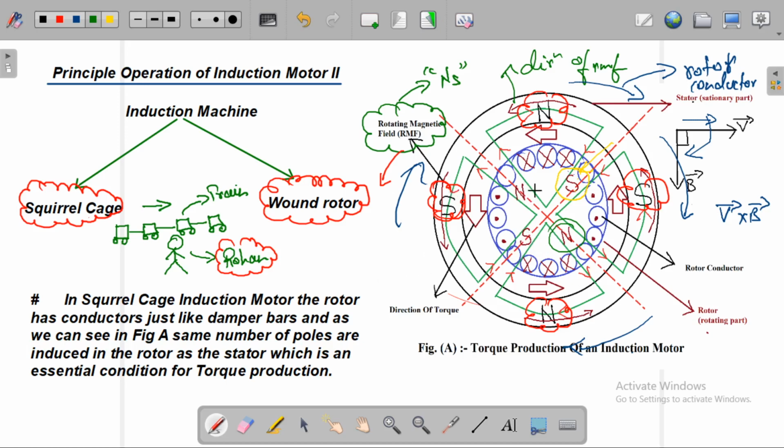So this is the way rotor poles are induced in the rotor of any induction motor. And due to this, the stator south pole and rotor south pole, these two like poles, repel each other, and this rotor south pole and this stator north pole, opposite poles, attract each other.